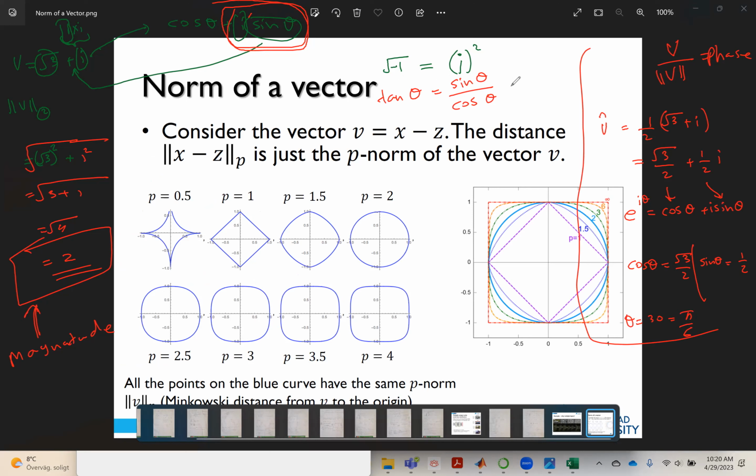From the original vector itself, what is your sin theta? I told you, this is the sine part and this is the cos part. Our original complex number was square root of 3 plus i.